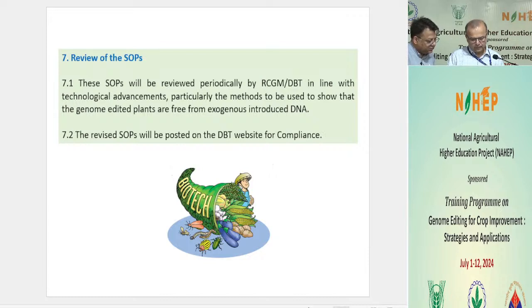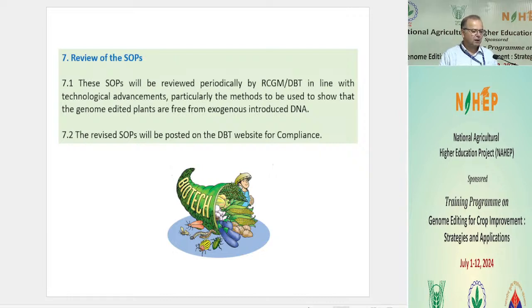Sir, is the same SOP applicable to RNPs, or are there any exemptions for RNPs? No, the same SOP is applicable, because in the SOP they will be asking you whether you have used the RNP method. But then also you have to show that there is no exogenous DNA whatever you have used.